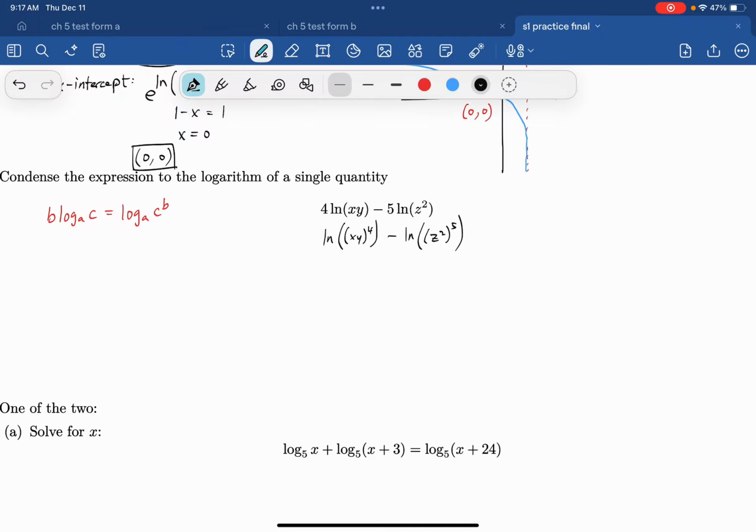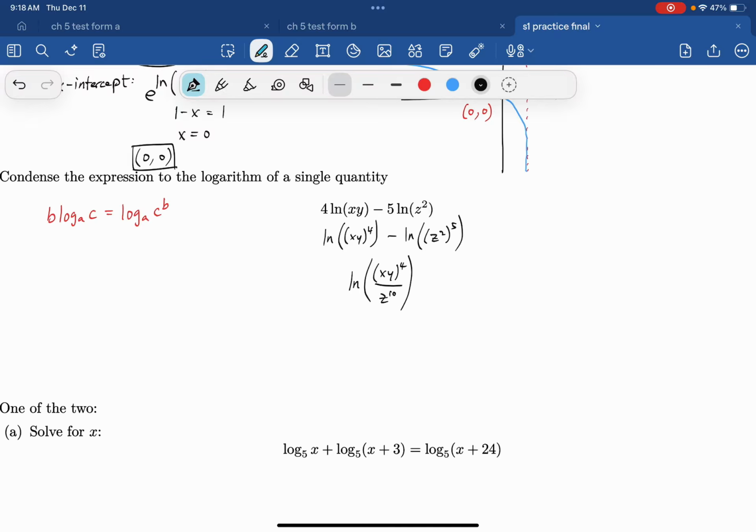Or that's also z to the power of 10. And so now we have two logarithms being subtracted, so we know that we can just divide the inputs. And so this becomes ln of xy to the power of 4 divided by z to the power of 10.